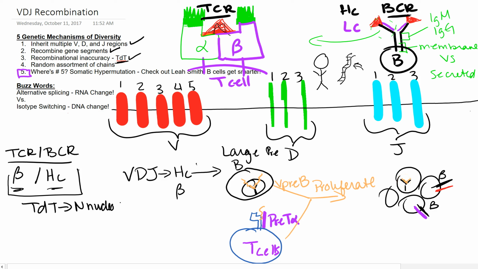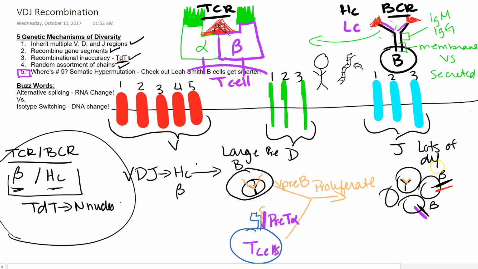This is called random assortment of chains. And all it means is that we took the beta chain or the heavy chain that we made over here and we're pairing it with lots of different light chains or alpha chains. Okay? That's the whole thing.